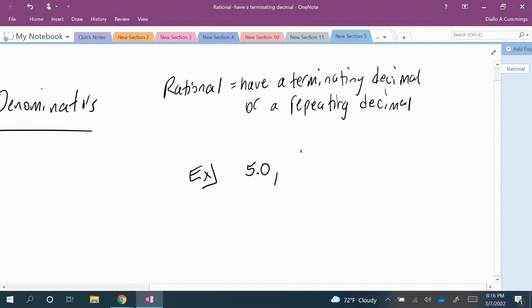Also a number that repeats, for example, 1/3. If you were to decimalize that, I believe that's 0.333. That keeps on going, never stops, but the decimal repeats. These are considered rational numbers.